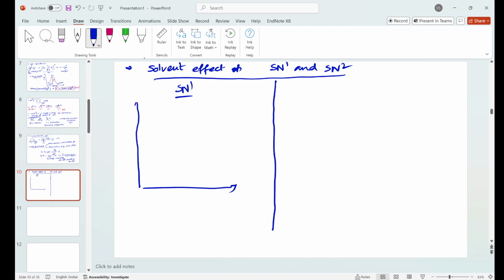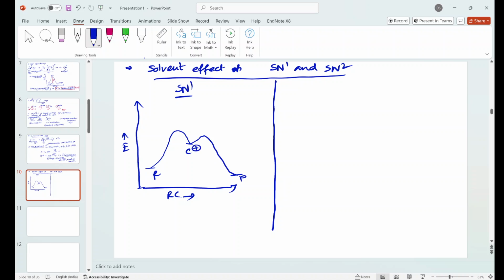We'll first try to see a general case. In SN1 you have the starting material, then one intermediate, and maybe one intermediate or not will come to the product. This is the carbocation.